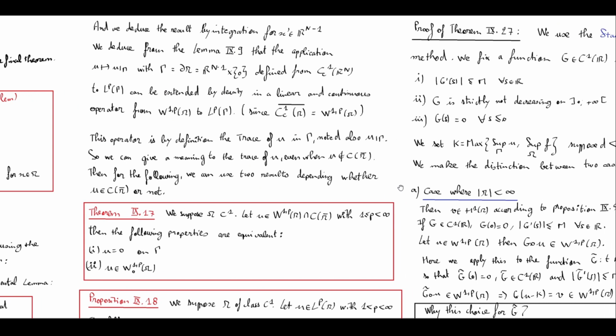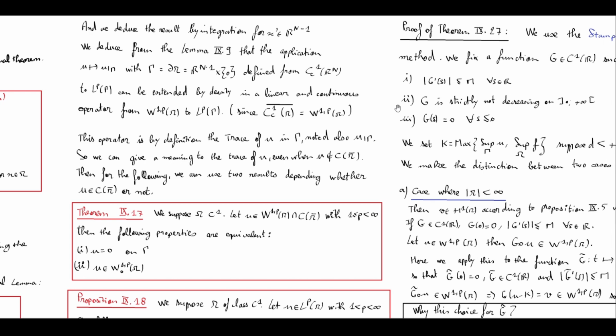We deduce from lemma 9.9 that the application giving the restriction on gamma of u, with gamma the boundary equals R^(n-1) times 0, defined from the set of C1 functions with compact support on R^n to L^p on gamma, can be extended by density in a linear and continuous operator from W^(1,p)(omega) to L^p(gamma), since the set of C1 functions with compact support is dense in W^(1,p)(omega).